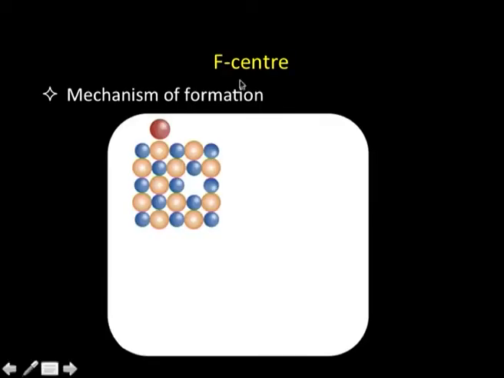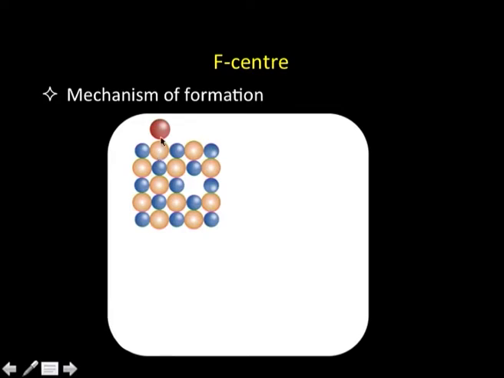Look at this. Typically, we have a crystal of sodium chloride having an anion vacancy. We take this sample of sodium chloride, heat it in the presence of sodium vapors, and some of the vapors get adsorbed onto the lattice. This is my sodium chloride lattice, where the blue ones are my sodium ions and the other ones are the chloride ions.